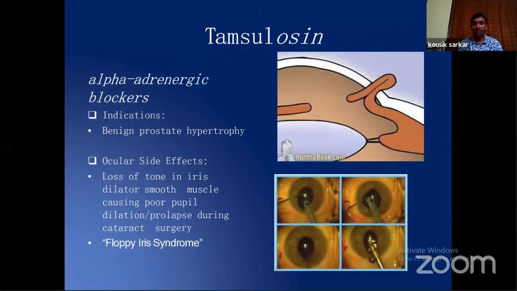Use of this drug affects the iris dilator muscle, causing poor pupillary dilatation or prolapse during intraocular surgery like cataract surgery. There is a term called intraoperative floppy iris syndrome, IFIS. We cataract surgeons use this term when we get a cataract patient who is using tamsulosin for a longer period.